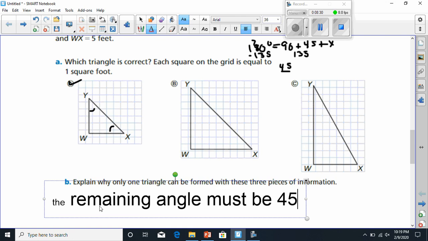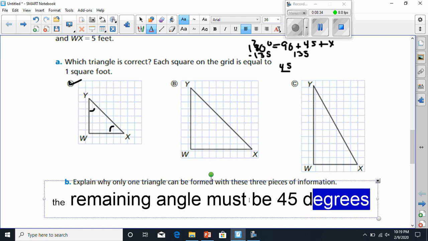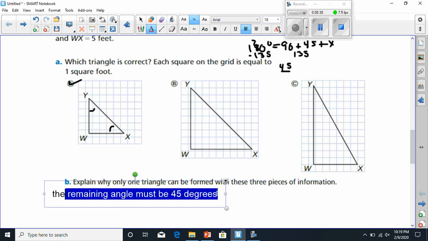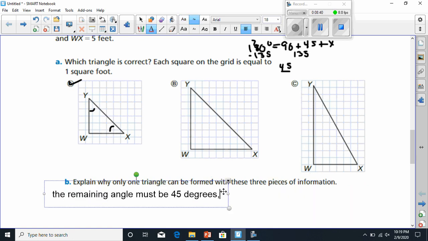Let's see, 45 degrees. All right, 45 degrees.